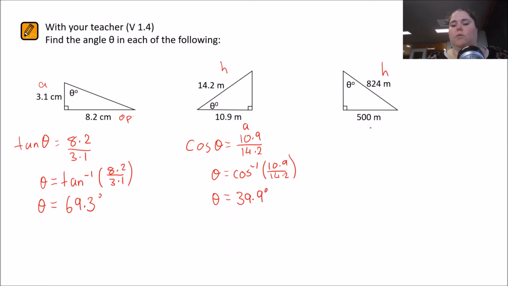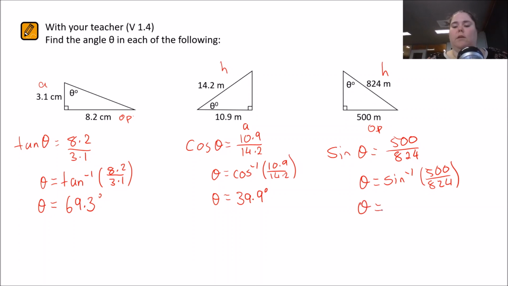Last one, just to make sure we're all on the same page, hypotenuse and opposite. So sine theta equals my opposite over my hypotenuse. So theta equals arc sine 500 over 824. So theta equals 37.4 degrees. And that's trig.